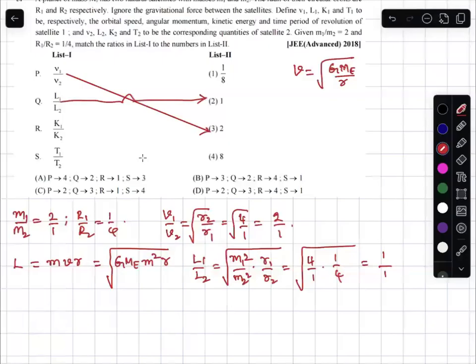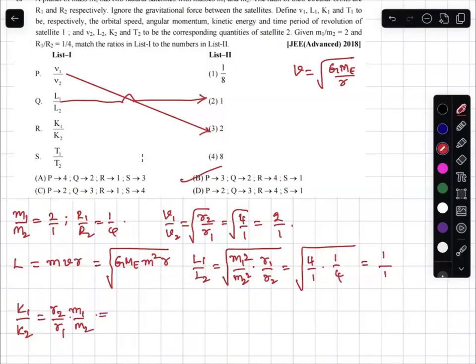Option B is correct. Our kinetic energy depends on velocity square and mass m1 square, m1 by m2, V1 by R. Simply, the kinetic energy ratio is the same as the potential energy ratio. So simply you take R2 by R1 and M1 by M2.